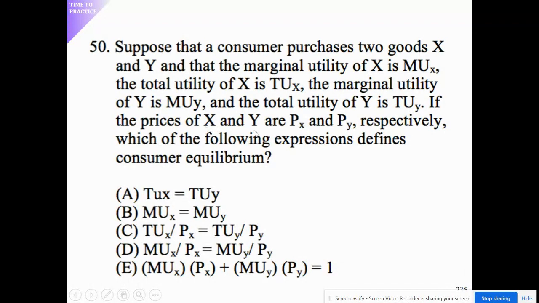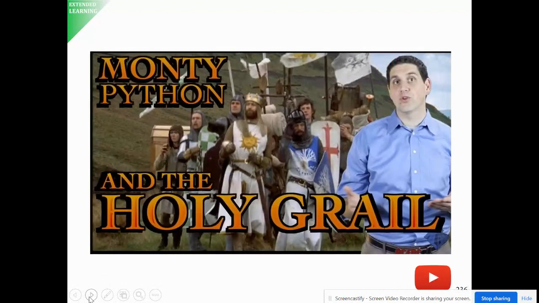If the prices of X and Y are PX and PY respectively, which of the following expressions defines equilibrium? Well, here the answer would be D. They gave you this little bit right here and this little bit right here to kind of throw you off, but those aren't even used in calculating with our budget constraint and our marginal benefits of two products.